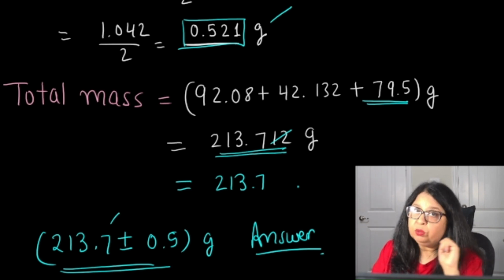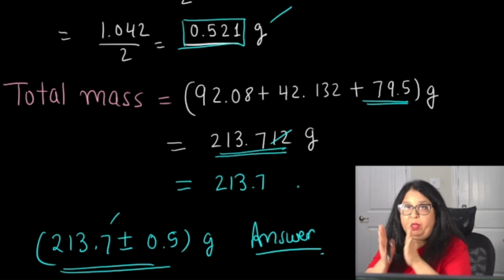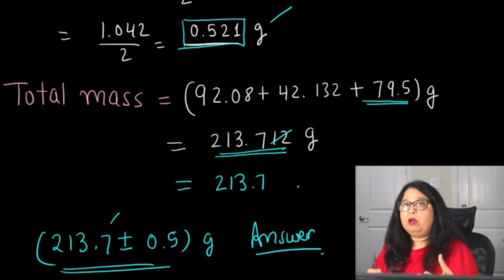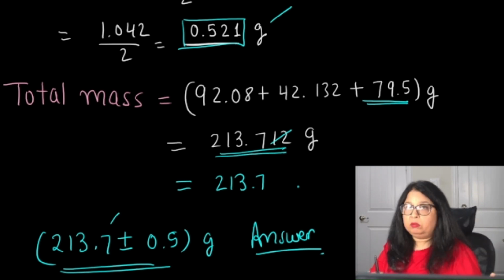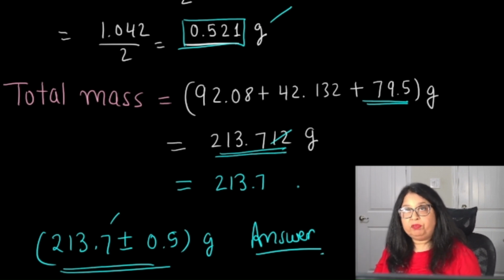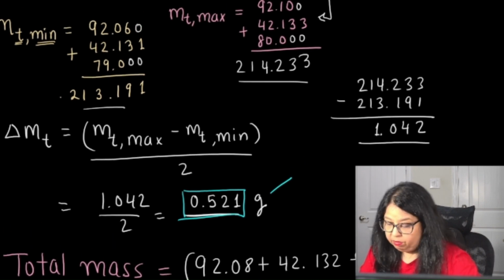This was quite a long way to do it. So here what we did was we were given values for M1, M2, M3 in their proper forms. We found the minimum value possible for each of the masses and the maximum value possible for each of the masses. And then we added the minimum values and the maximum values and found their difference, which was the range over here, right?